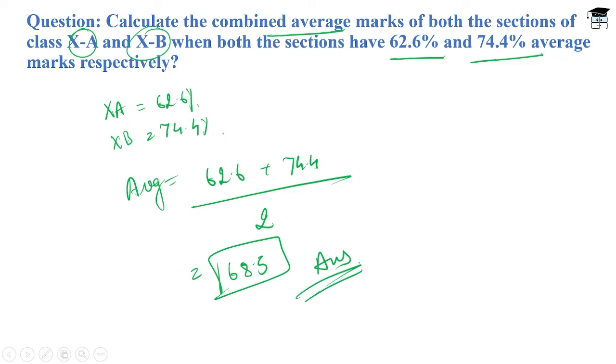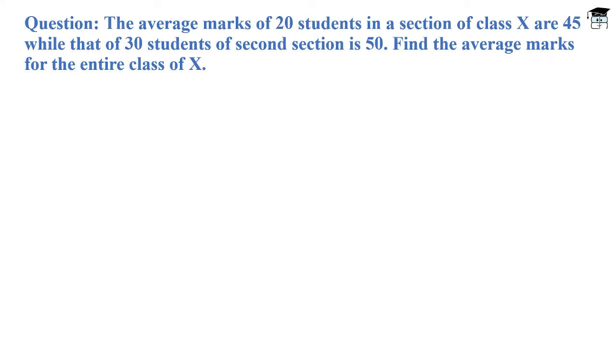A very simple question. All right, but let's move on to a tricky one. Now the average marks of 20 students in a section of class 10 are 45, while that of 30 students of the second section is 50.